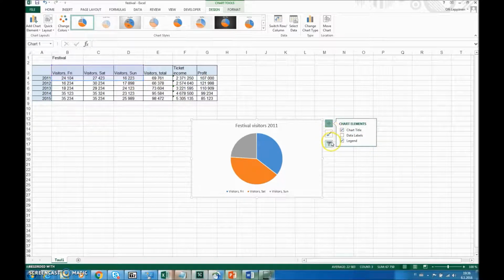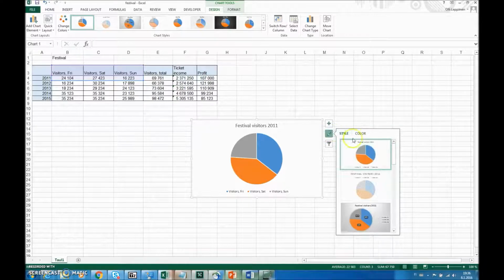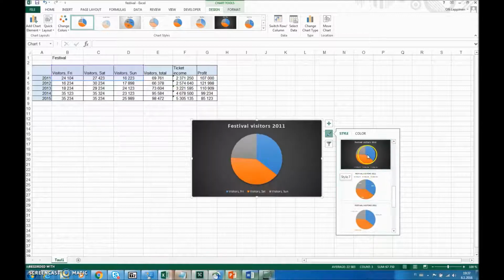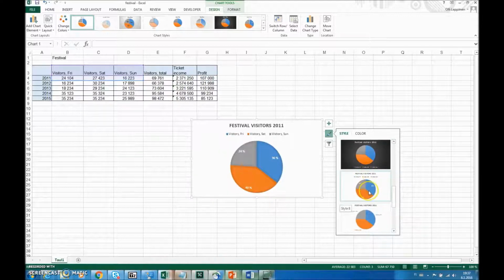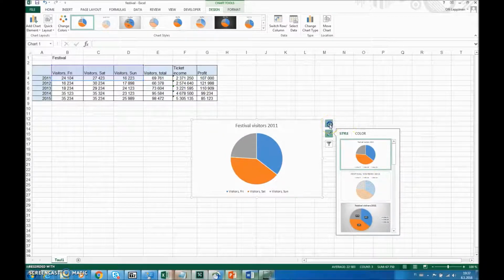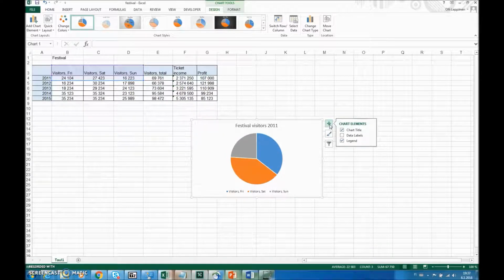Here we have some quick tools for the chart. We can, for example, select the existing quick styles for the chart, or we can explicitly select which kind of data we want to show in our chart.